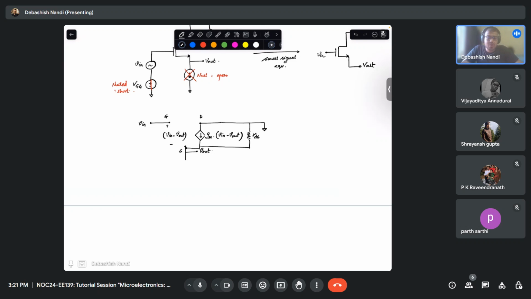This is how you have studied the small signal analysis so far, but it takes quite a little bit of time to draw this equivalent circuit and then analyze. So what we'll do, we'll use a simplified approach.